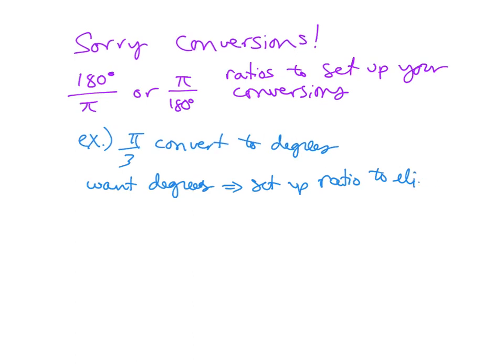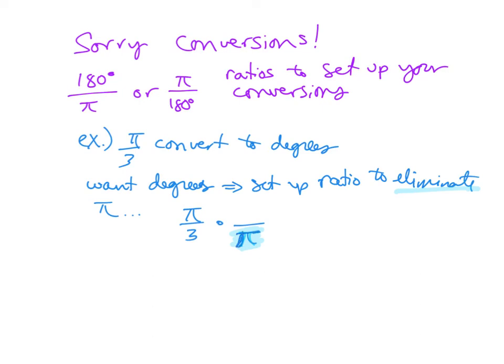It's Sunday. Eliminate pi. Okay, so if I have this, I want pi. I'm going to do blue. I don't think you'll be able to see that though, so let me highlight it with this blue. I want this in the denominator, right? So I want to set up to eliminate. Undo.